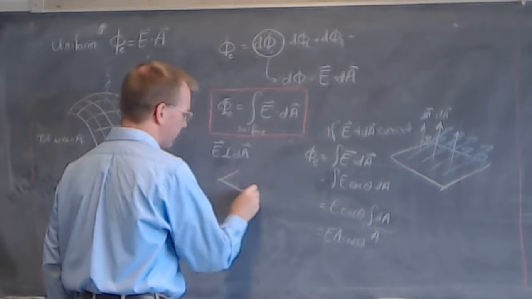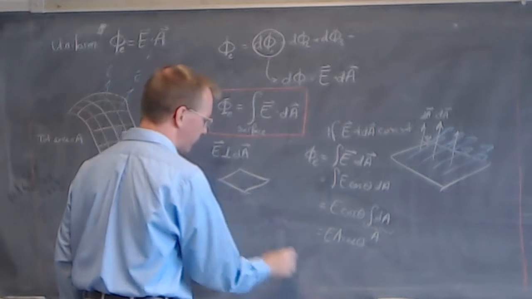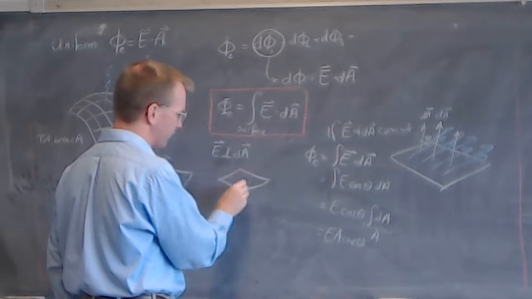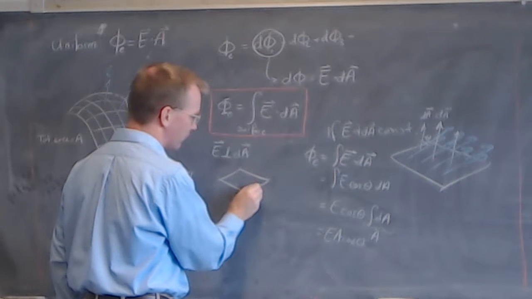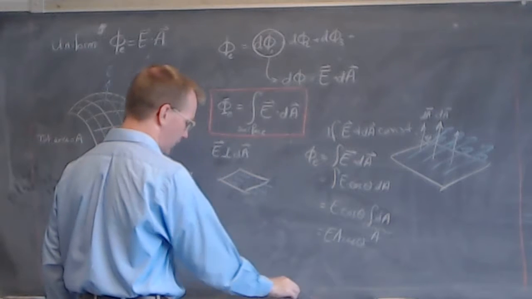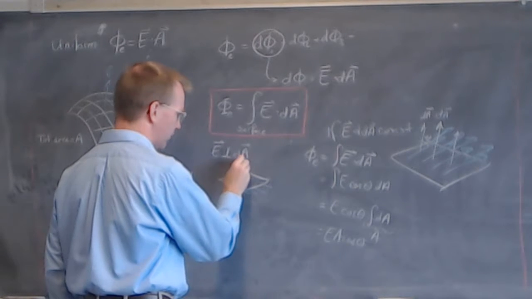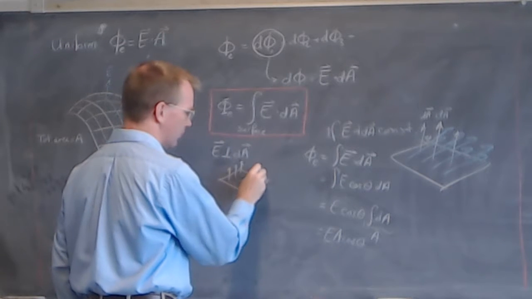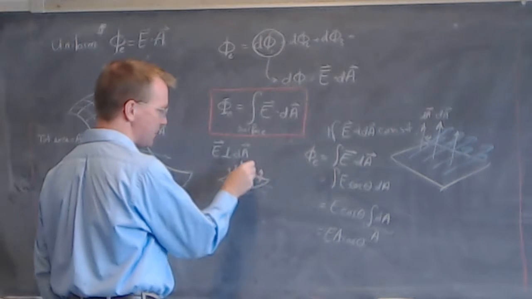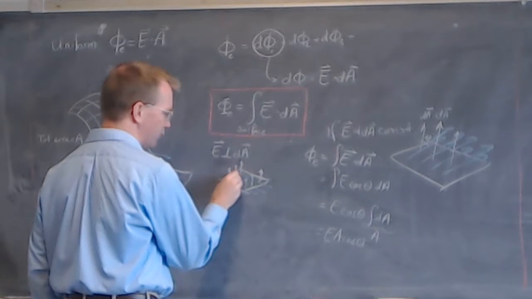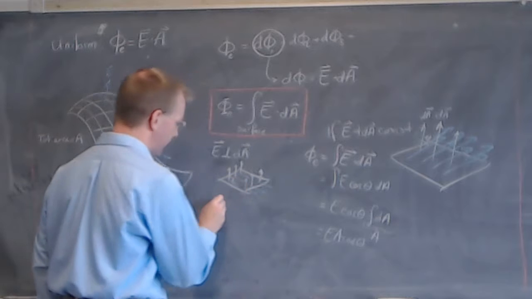So, there's my surface, and, oh boy, how to make it not look like it's sticking up. Right, like that. And here are my little area vectors there, E and dA in those cases, and they have right angles between them.